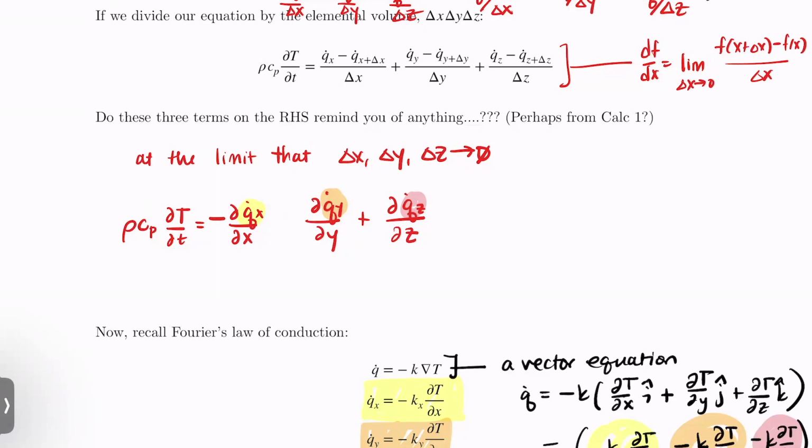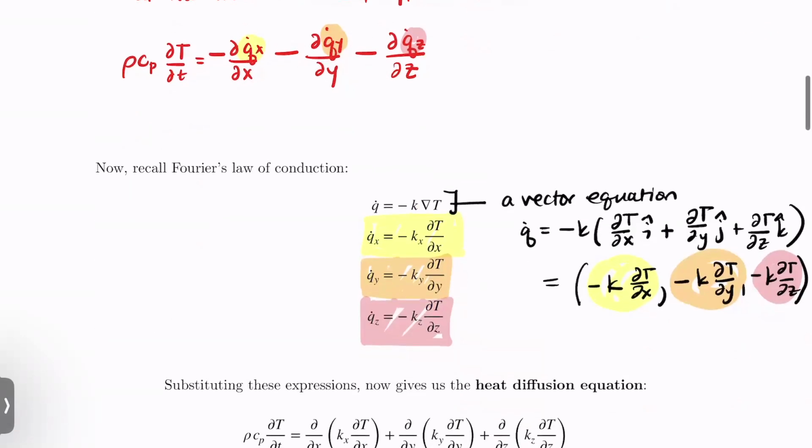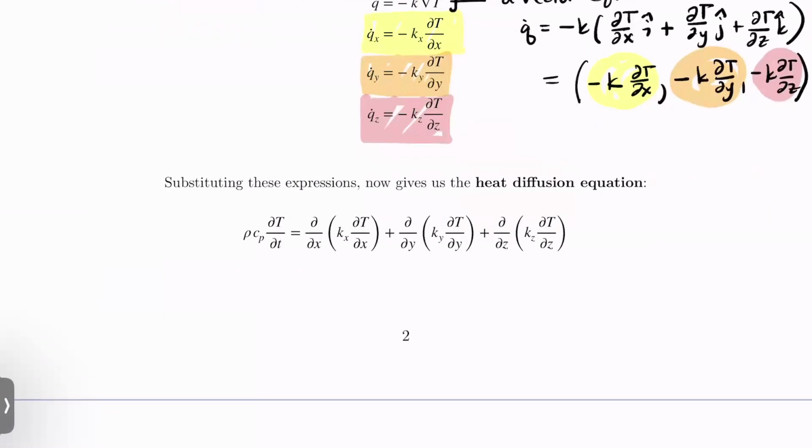My apologies. So we have a minus sign out front, and then we're substituting in these expressions for q dot x, which has a minus sign as well, so we end up with a positive sign in the end, okay? When we substitute them in, we get the heat diffusion equation, which looks like this.